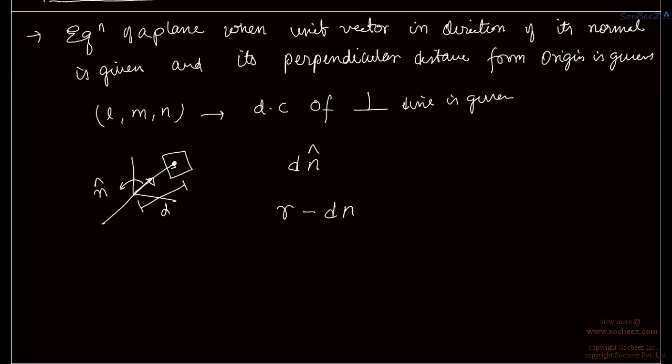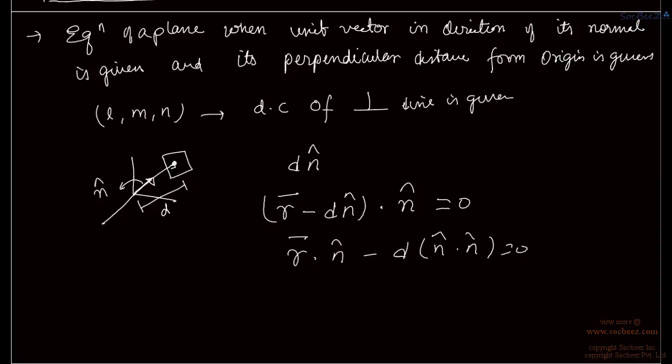D times n. So we have (r minus d times n) into n is equal to 0, or we have vector r dot n minus d into n dot n is equal to 0, and n dot n is equal to 1.